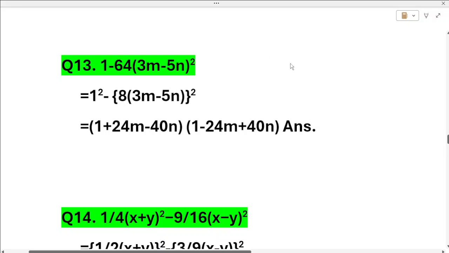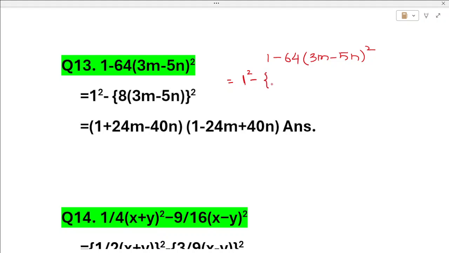Now come to question number 13. 1 minus 64 times 3m minus 5n whole square. We need to first express 1 as the square of 1, minus, and now I'm putting it directly. Be aware: 8 times 3m minus 5n.